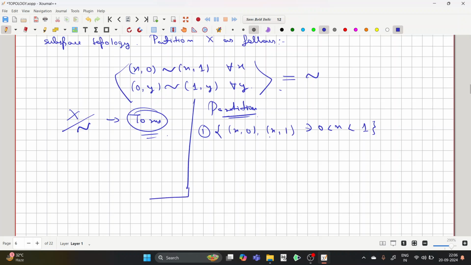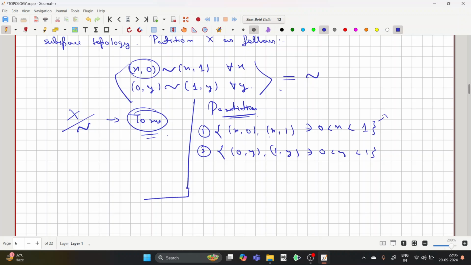I am not including zeros and ones here, because if I include them, I will eventually get to the vertex point. So I am excluding the 4 vertices. Then I will have 0 y identified with 1 y, such that 0 is less than y is less than 1.